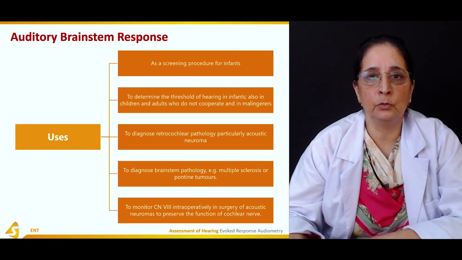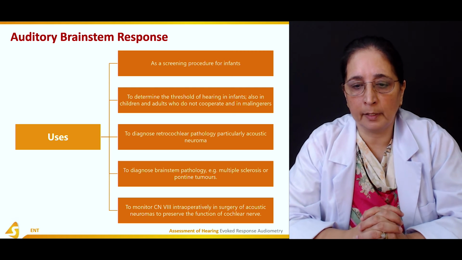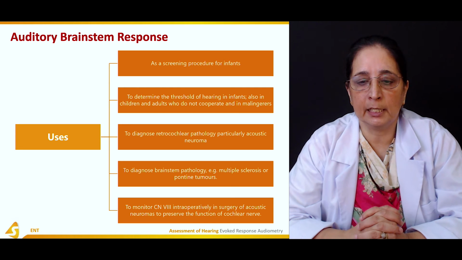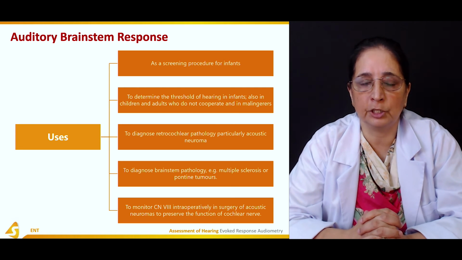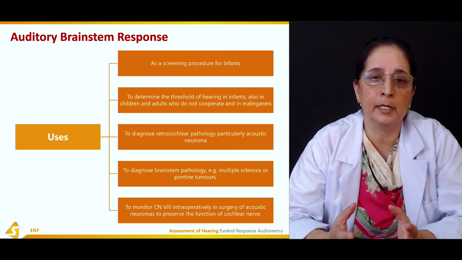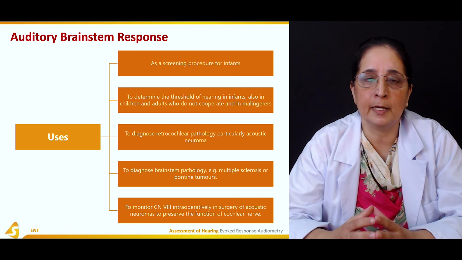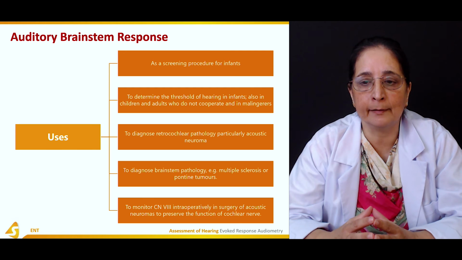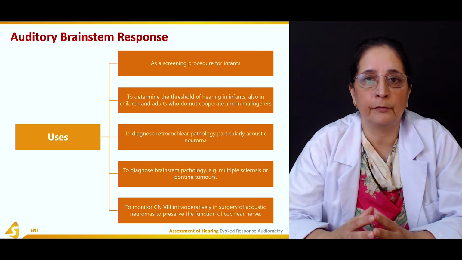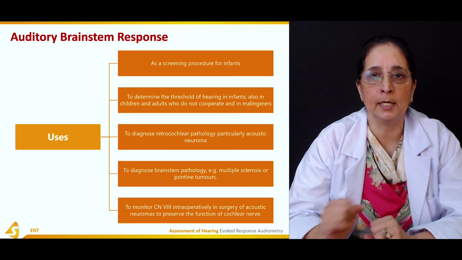It is also used to monitor cranial nerve 8, the vestibulocochlear nerve, intraoperatively during surgery of acoustic neuroma to preserve the function of the cochlear nerve. So these are some very important uses of auditory brainstem response: in newborns, infants, non-cooperative patients and malingerers, to rule out any pathology of the retrocochlea, and to save the vestibulocochlear nerve during surgery.